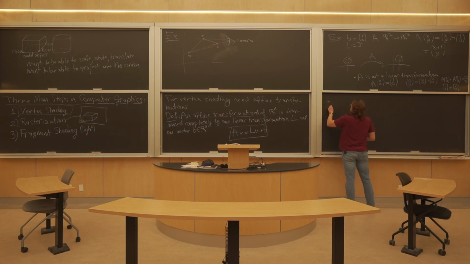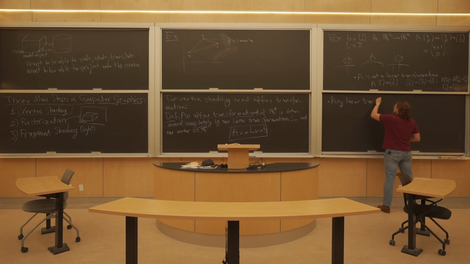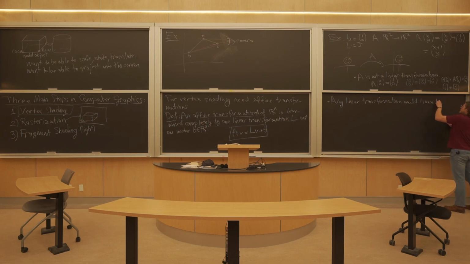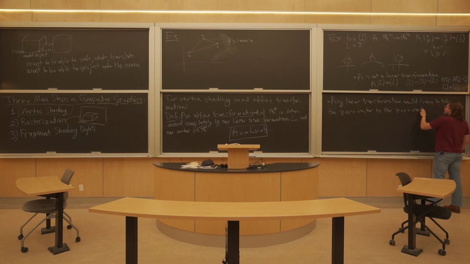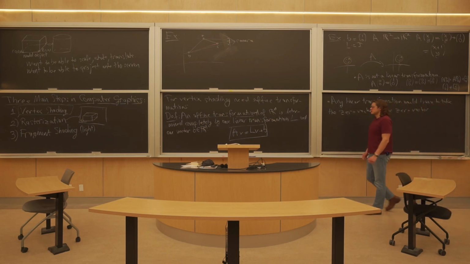So any linear transformation would have to take the 0 vector to the 0 vector. Okay? Any questions about this? Okay.